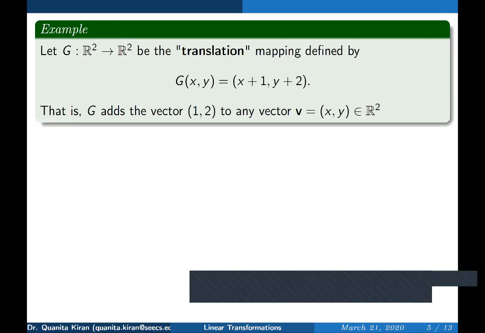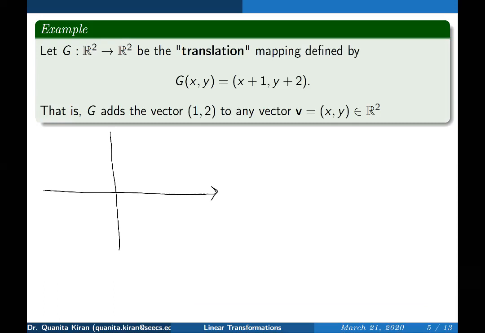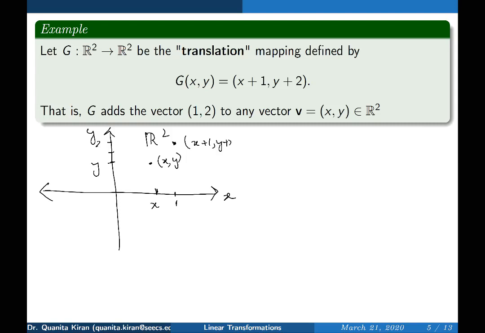The translation mapping can be defined as follows. If we have the space R2 and some vector X, Y, or we can say this point (X, Y). After this translation, suppose this is 1 unit and this is 2 units, then this point will be (X plus 1, Y plus 2).